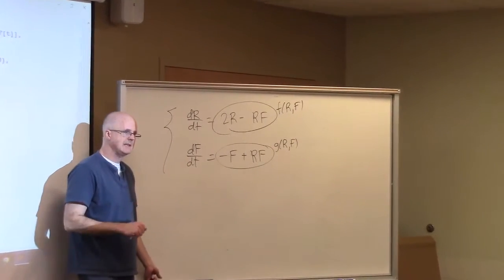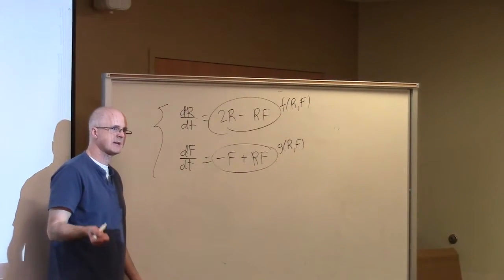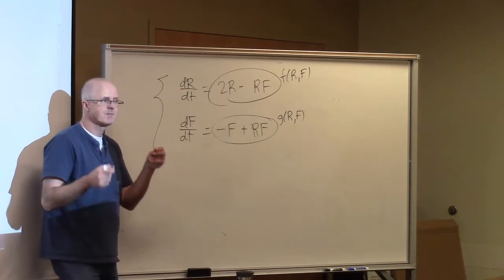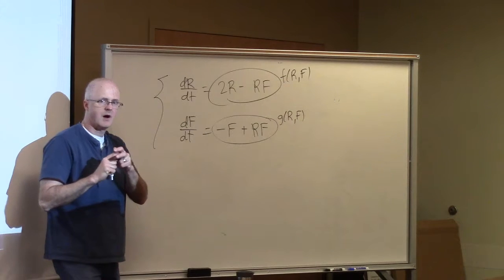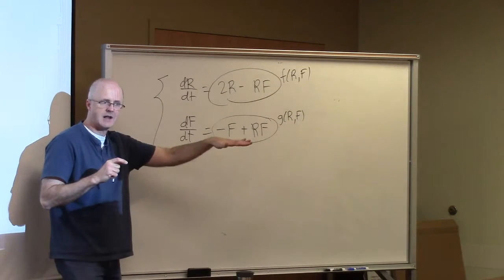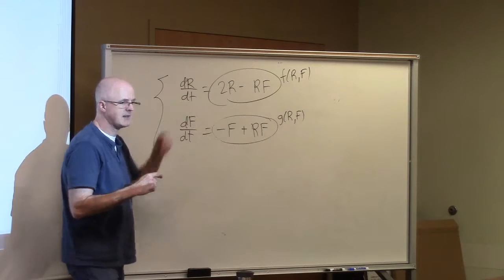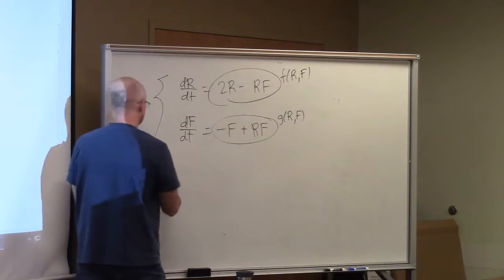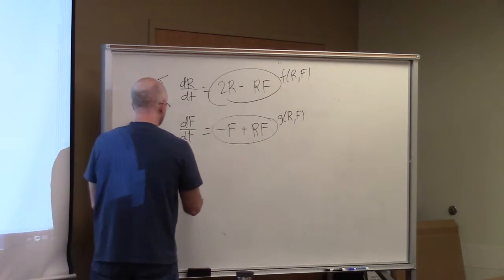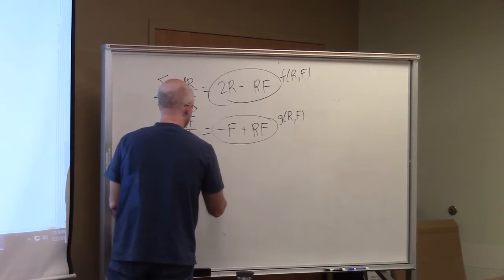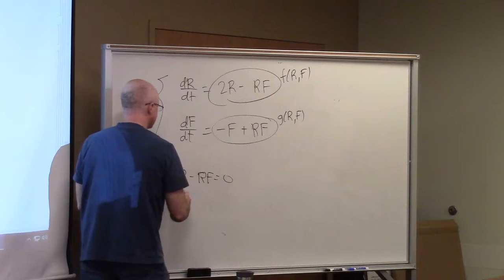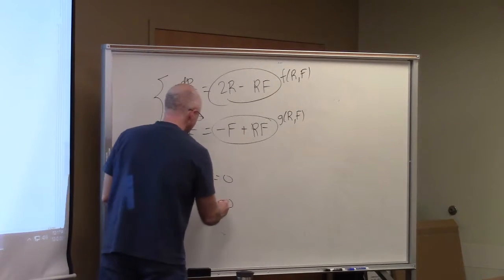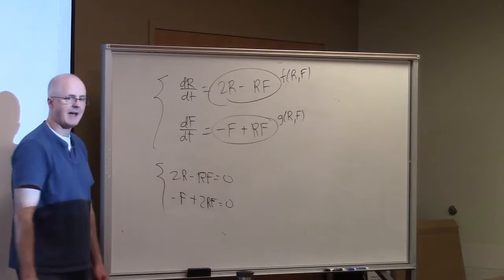The big dots, the equilibrium points, which represent equilibrium solutions of the differential equation, the system, where your R and F functions of time are actually constant, are found by setting the right-hand sides equal to 0 and solving the resulting system of algebraic equations. 2R minus R times F equals 0, and negative F plus 2RF equals 0. Solve this system of algebraic equations.